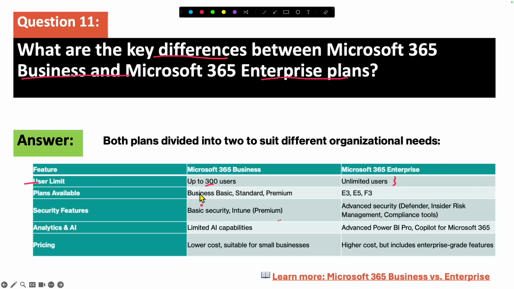What are the main plans available between these? So we have seen a couple of examples so far. Under business, we have basic, standard, and premium, and there is an app only option available.